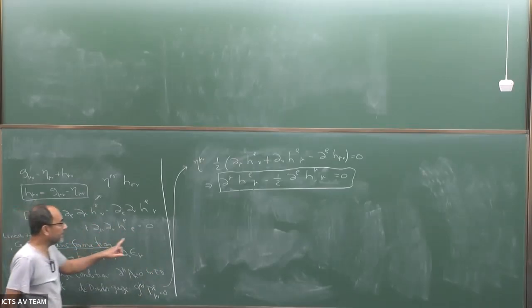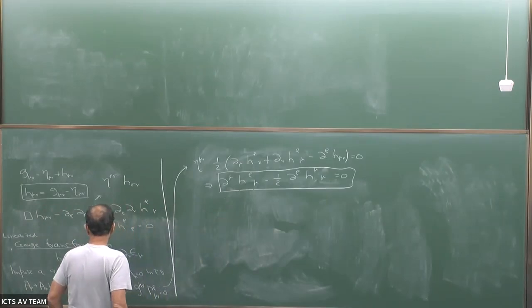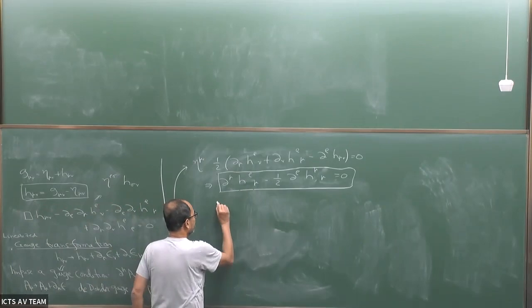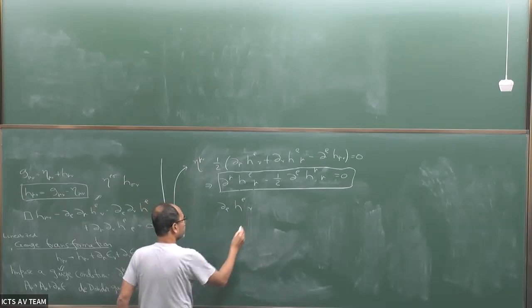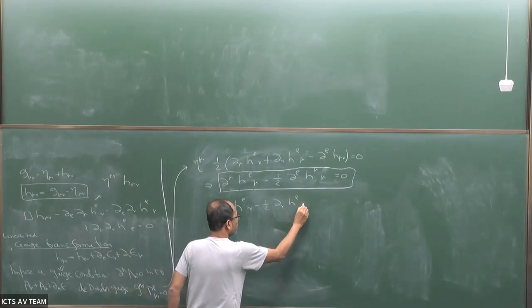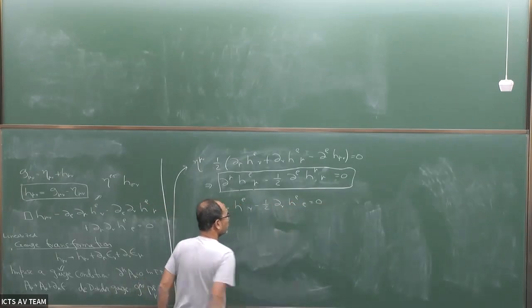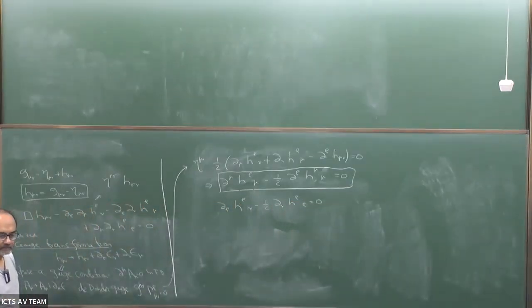So you see here, let me write this maybe in a slightly different form, which I can write also just by exchanging various indices. h is symmetric, right?